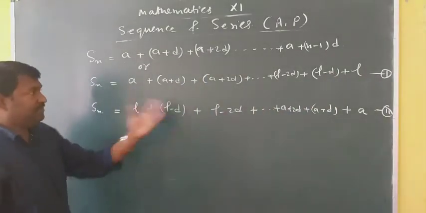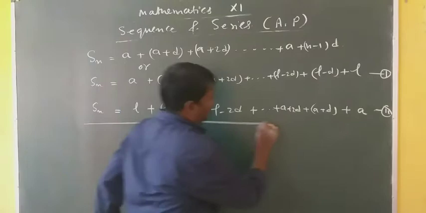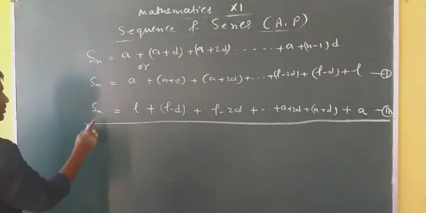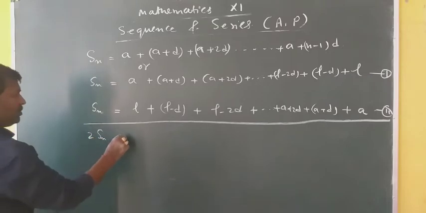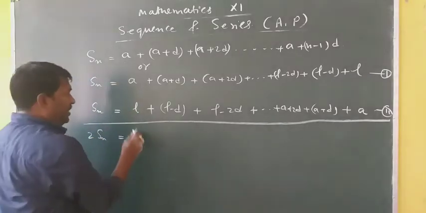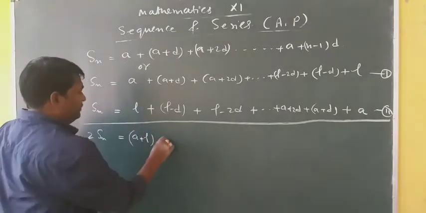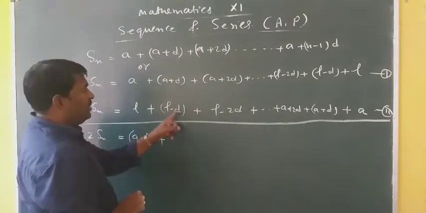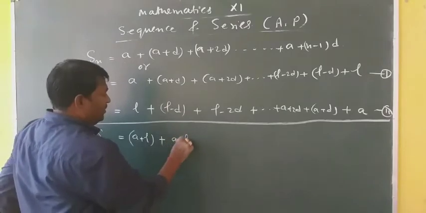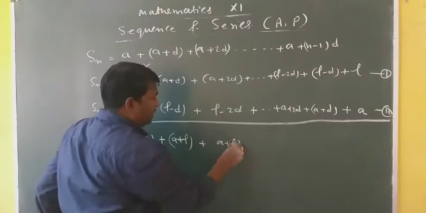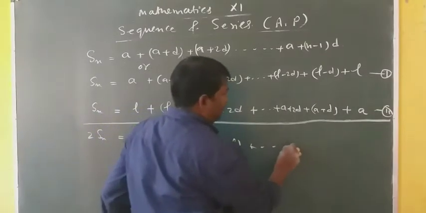Okay, you can see. Now adding these equations 1 and 2, what we get here: 2Sn is equal to a plus L, plus, here d cancelled out, again you will get a plus L, plus here also cancelled out, you will again get a plus L, plus and so on.